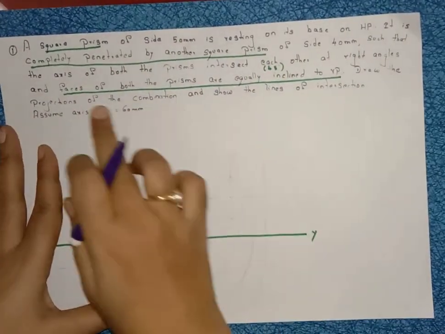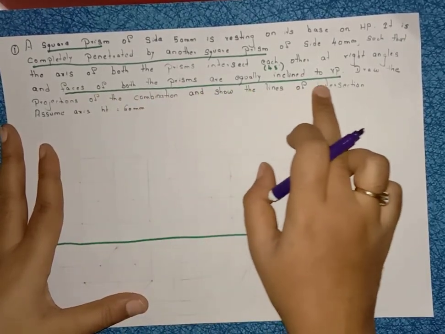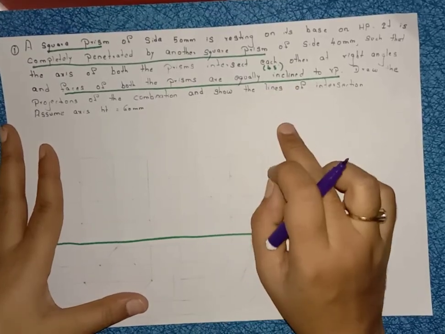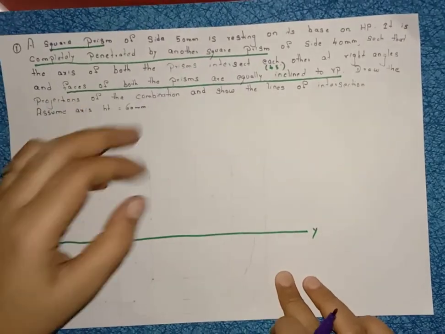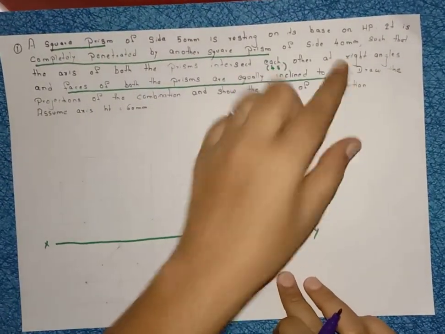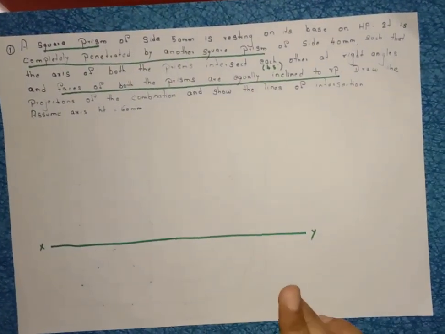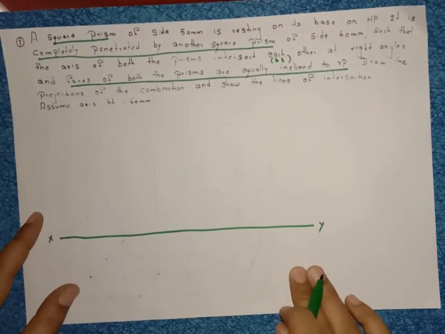They mentioned one condition: faces of both the prisms are equally inclined to VP. Equally inclined means the angle is 45 degrees. So you have to construct one square prism of side 50 mm, penetrated by another square prism of side 40 mm, and both prisms are equally inclined to VP. We will see how to construct this.